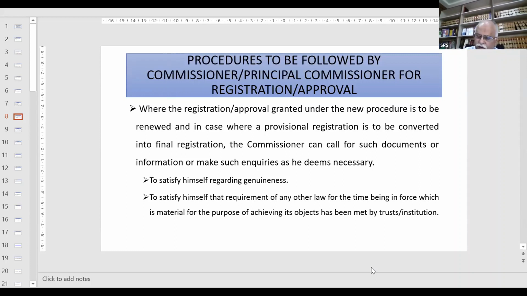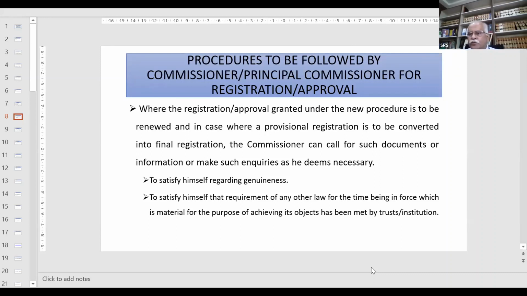He can make inquiries, he can call for such documents or information as he may deem necessary, basically to satisfy himself regarding the genuineness of your trust, and that if any other law is applicable to you, whether the requirements of those laws which are material for the purpose of achieving the objects of the trust have been met by the trust or the institution.